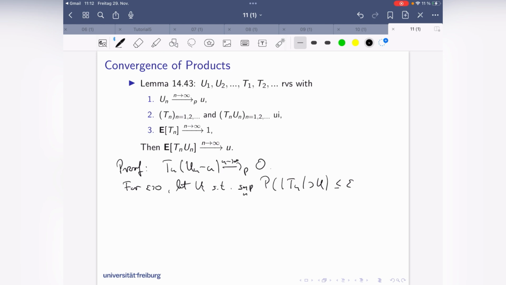Why can I do this? I can do this because the Tn's here are uniformly integrable. Well, then they are also tight. That's basically tightness of the family Tn.